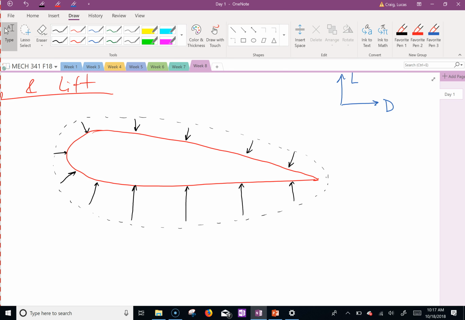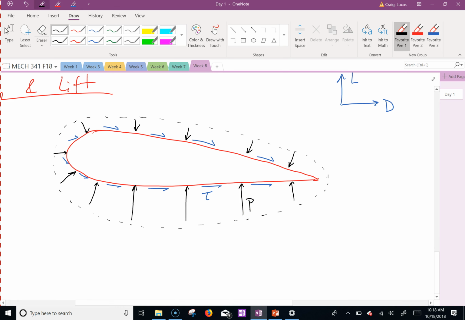Then you also have these forces that are on the surface, which are tangent. Tau is fine.